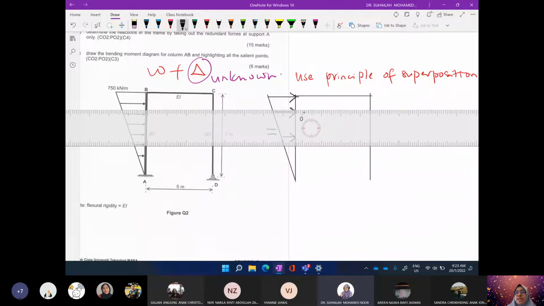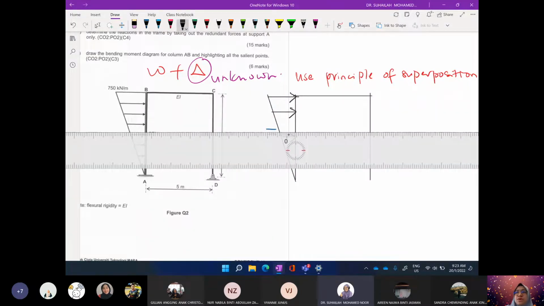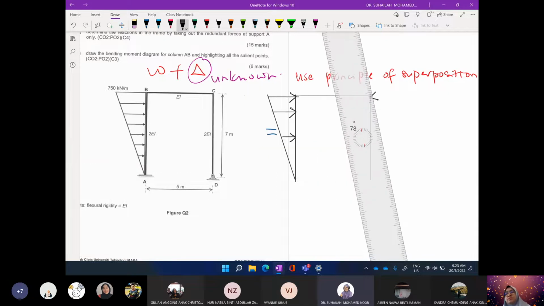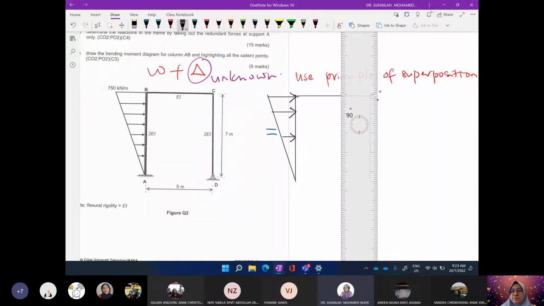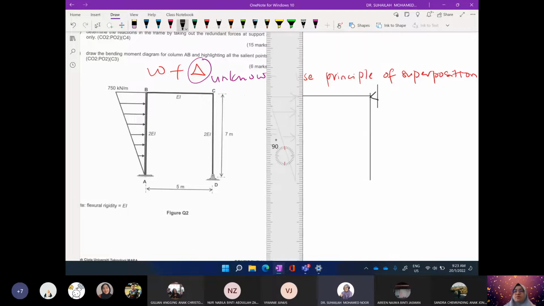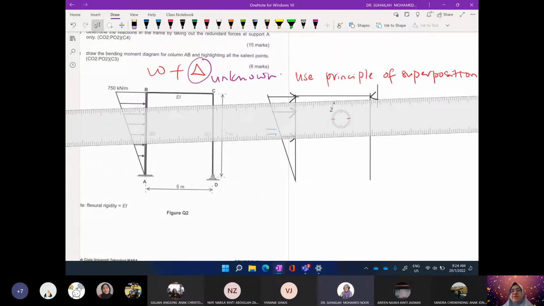So we need to put an imaginary support. We put a pin here. A roller also can, but we put it in the horizontal direction, because what we want is the restraining force.